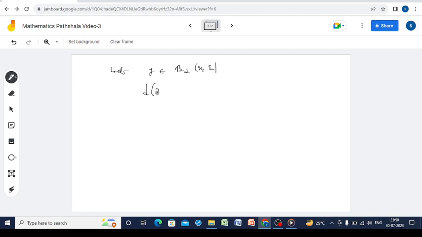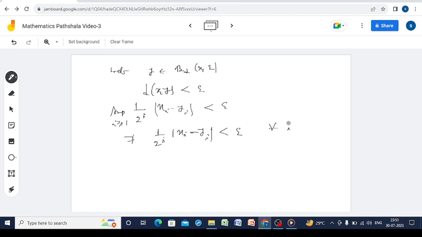So our d(x, y) is less than ε, that means our sup over i greater than or equal to 1 of 1 by 2 to the power i times mod x_i minus y_i is less than ε, and so that means 1 by 2 to the power i mod x_i minus y_i is less than ε for all i.